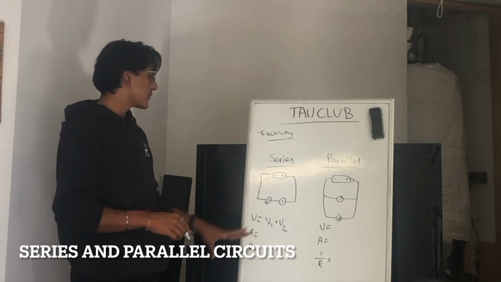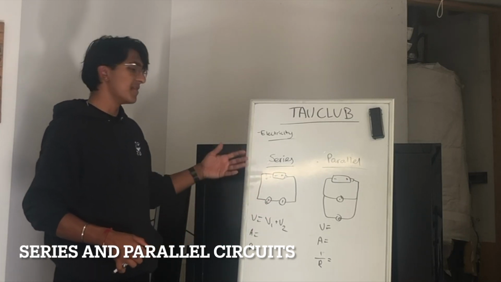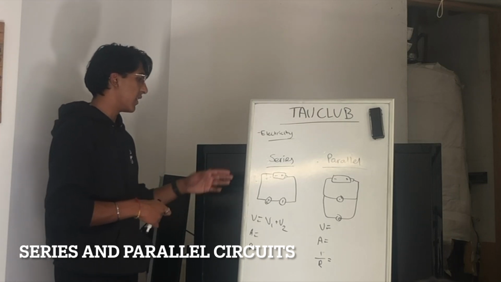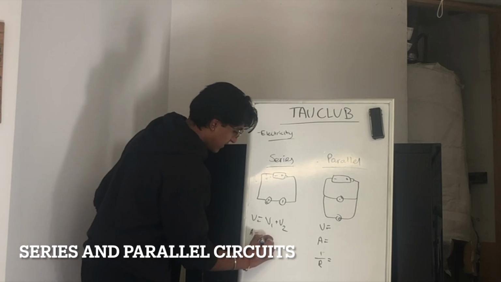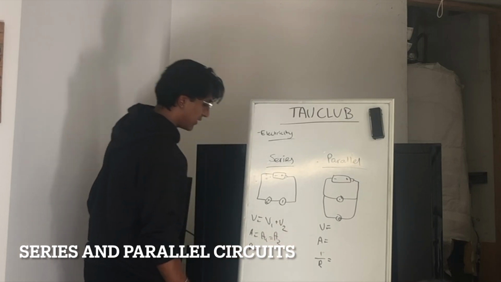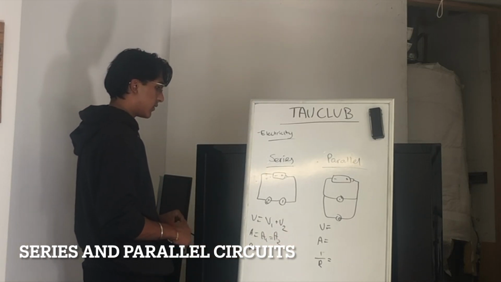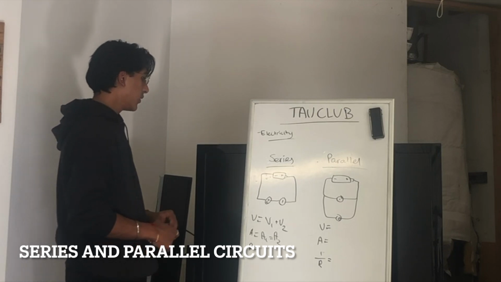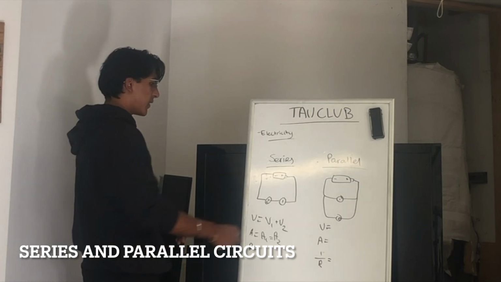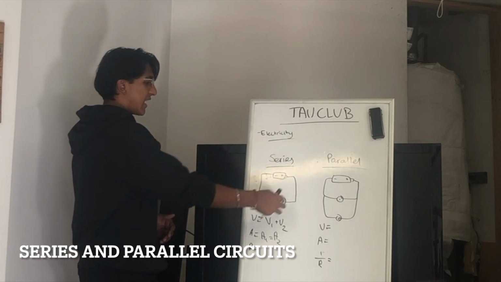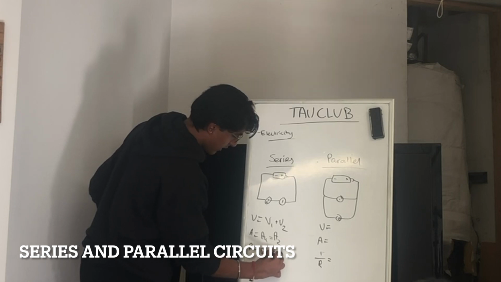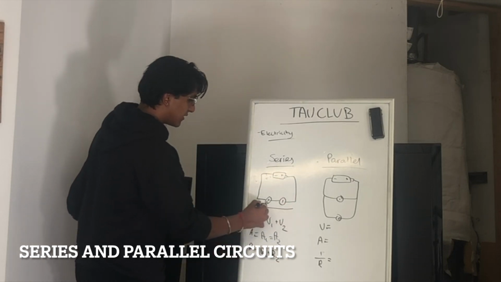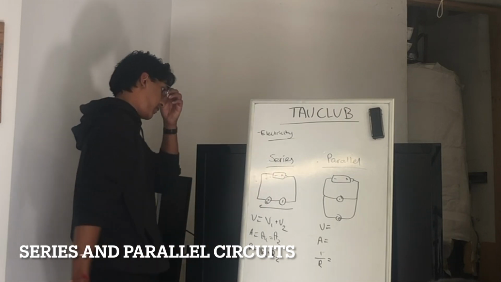This is just for common mathematical concepts if you want to deduce one of these given data values. The total amperes is equal to the current experienced by 1, which is equal to the current experienced by 2. Okay? Because the flow of the electricity is the same throughout. And the resistance is again equal to resistance by 1 plus resistance by 2 is the total resistance for electricity to travel through it.